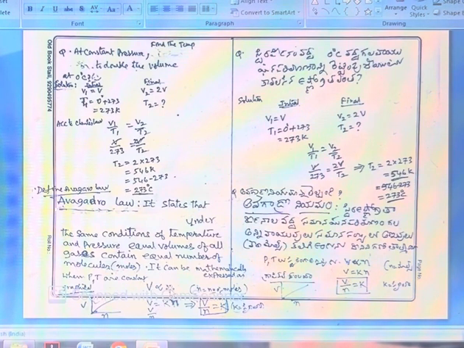So, V is directly proportional to N when P and T are constant, V is equal to K into N, where K is the proportionality constant, V by N is equal to K. When P and T are constant, the plot of V versus N is a straight line passing through origin O.